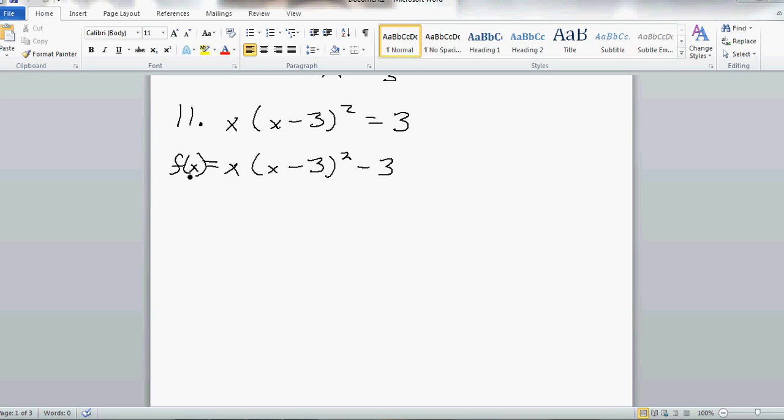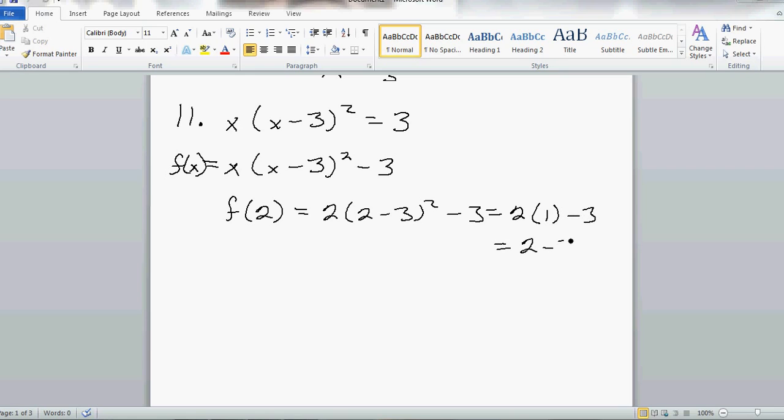F of x becomes this, and we're looking for the zeros. So we're told that it has a solution somewhere between 2 and 4. So I'm going to find f of 2. F of 2 would equal 2 times 2 minus 3, quantity squared, minus 3, equals 2 times 1 minus 3, which equals 2 minus 3, which equals negative 1.